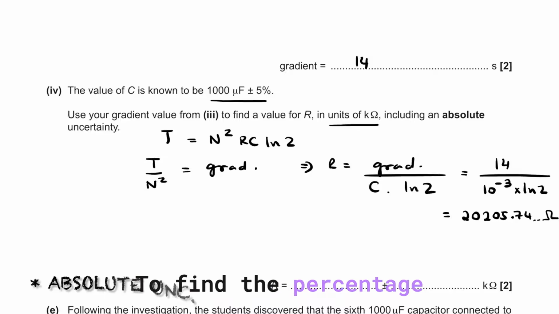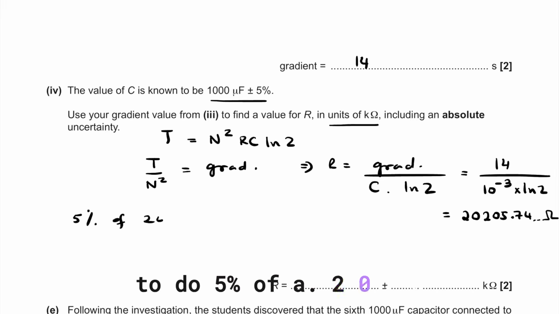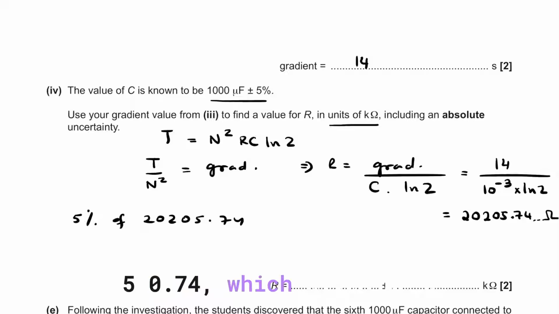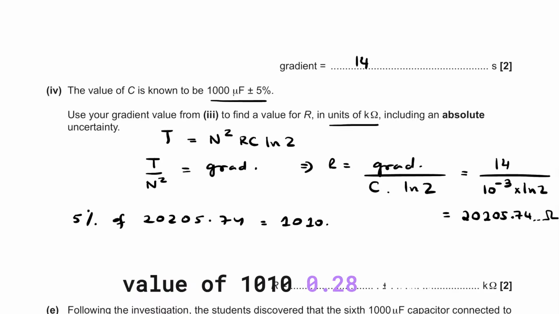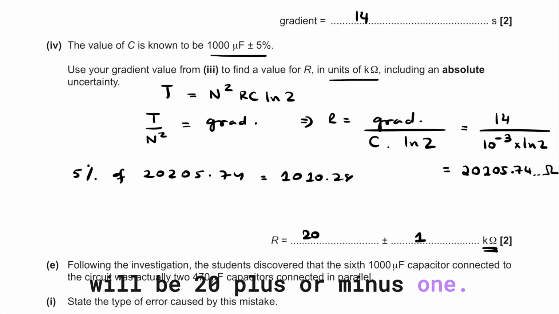To find the percentage uncertainty, we are going to do 5% of 20205.74, which gives me a value of 1010.28 ohms. The answer given in kilo ohms will be 20 plus or minus 1.